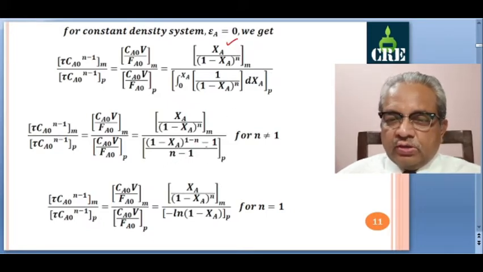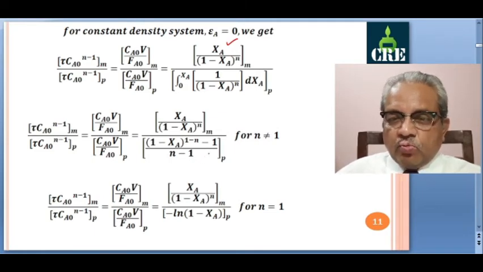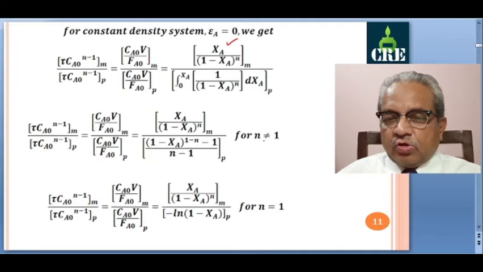We did this in chapter number 3; you can go back and check. So this is the final form where this integration is solved for general nth order, and this is valid for all n when n is not equal to 1.